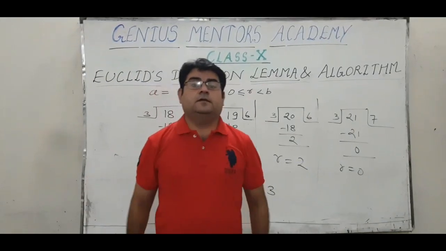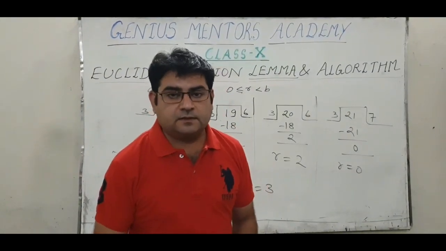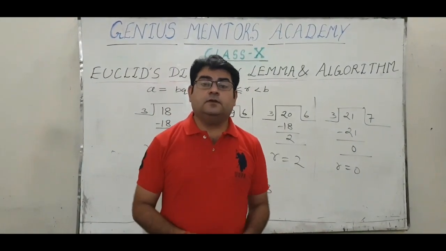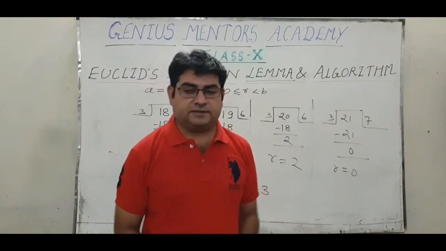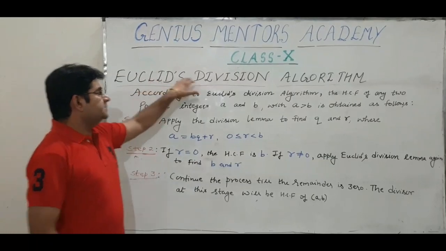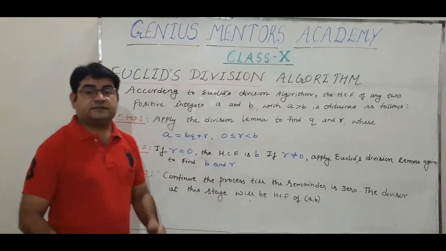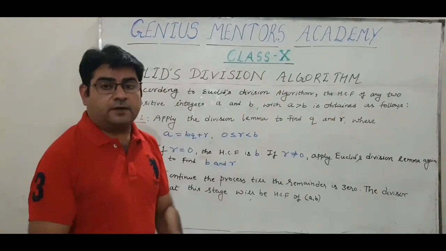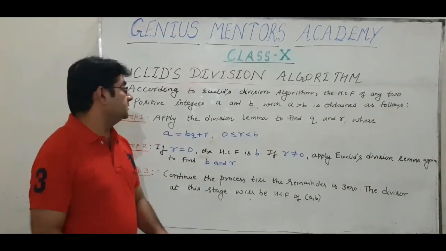Now we study the application of Euclid's division lemma, that is Euclid's division algorithm, to compute the HCF of positive integers. To save time, I have already written this Euclid's division algorithm, a step by step procedure to compute the HCF of positive integers.